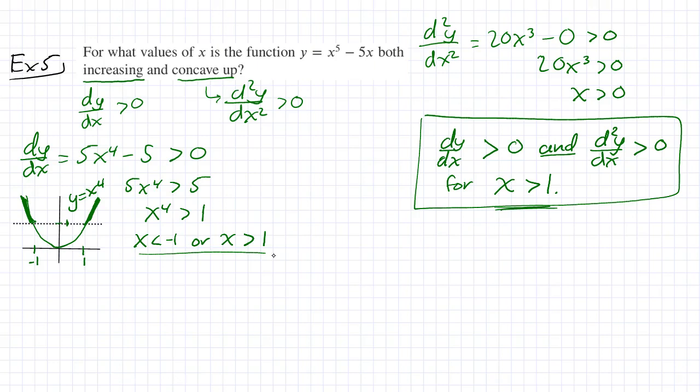And over here, the second derivative comes out to be 20x cubed minus 0, and that is just basically x cubed is positive whenever x is greater than 0. The graph of an x cubed function looks like this, because you can only cube a positive number and get a positive result. If you plug in a negative value of x, then x cubed is negative.